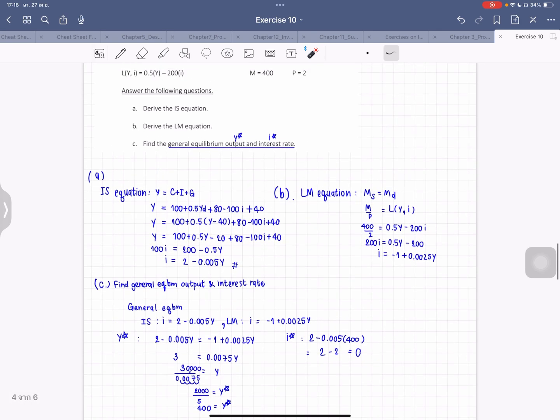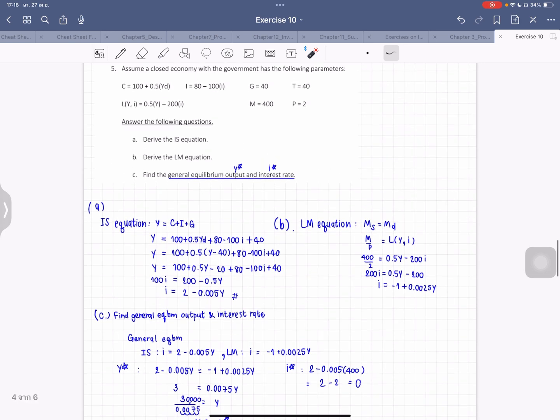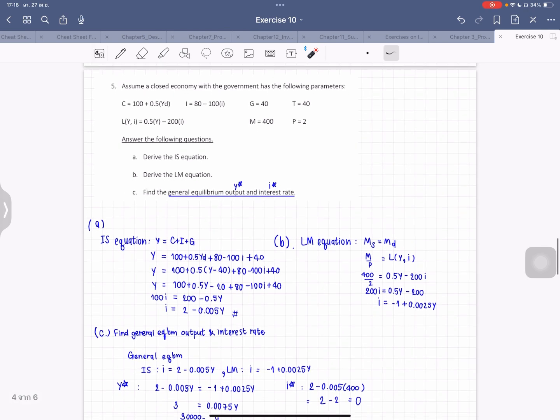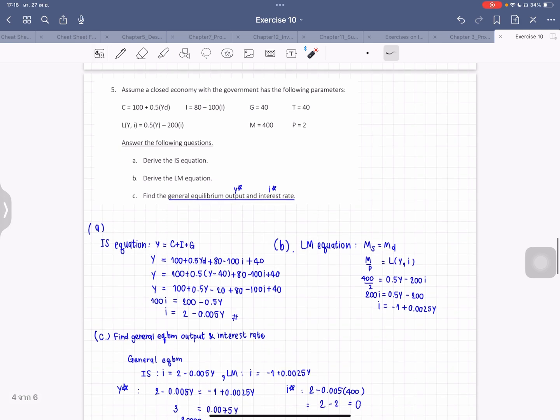Next, the LM equation, you start with money supply equal to money demand. So it is M divided by P and the L equation. The information given is that L is equal to 0.5 Y minus 200 I. So it is equal to M divided by P, which is 400 divided by 2.